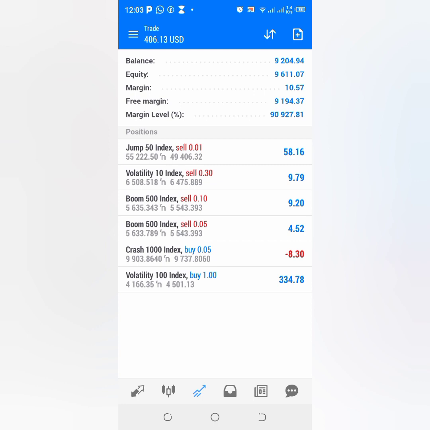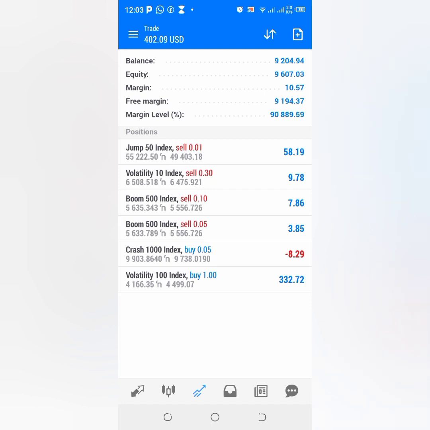Okay guys, you can also use this strategy to lock in your profit or book profit. For instance, now this is Volatility 10 Index and you want to book profit. Maybe you place a trade and there is a probability that this market will start reversing.